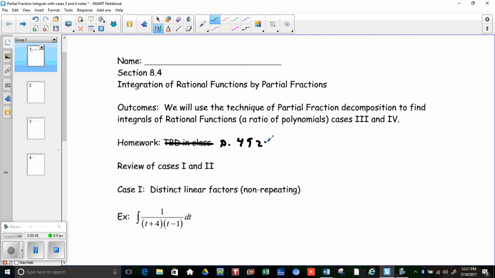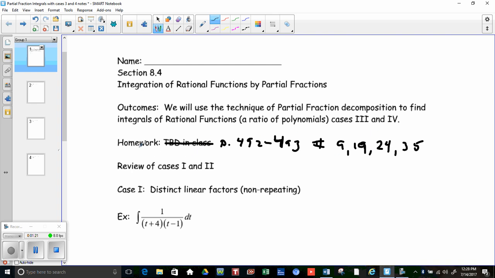Numbers, just 4 problems: 9, 19, 24, and 35. So basically you're going to get 1 practice problem on each one of these cases.